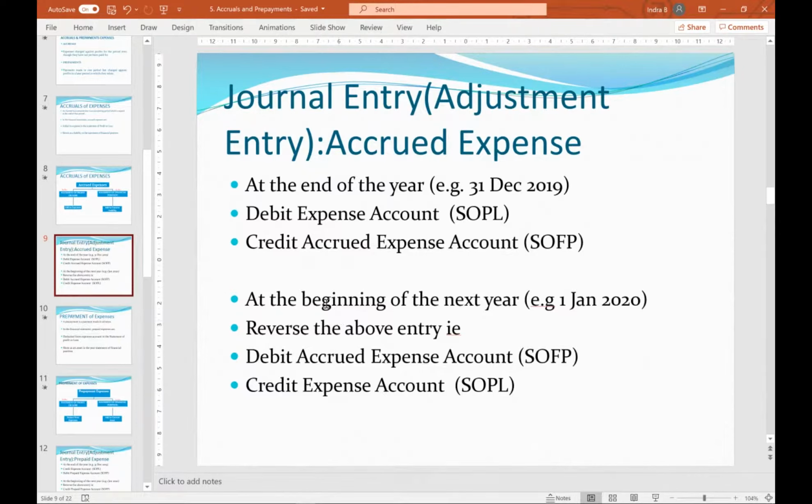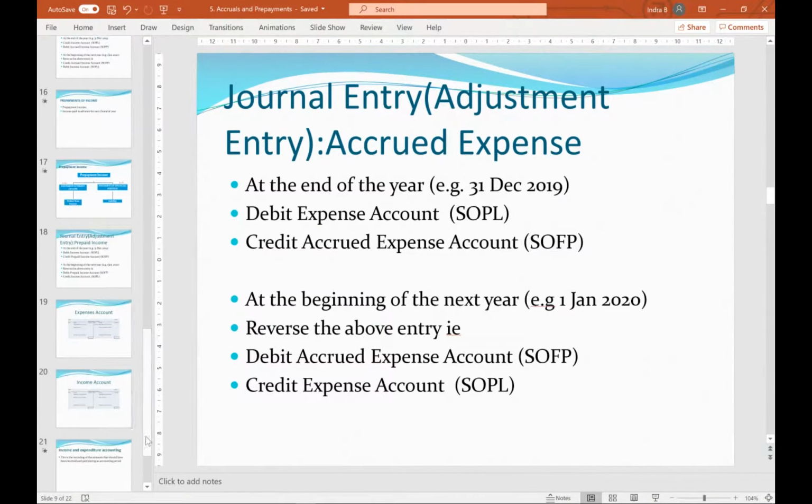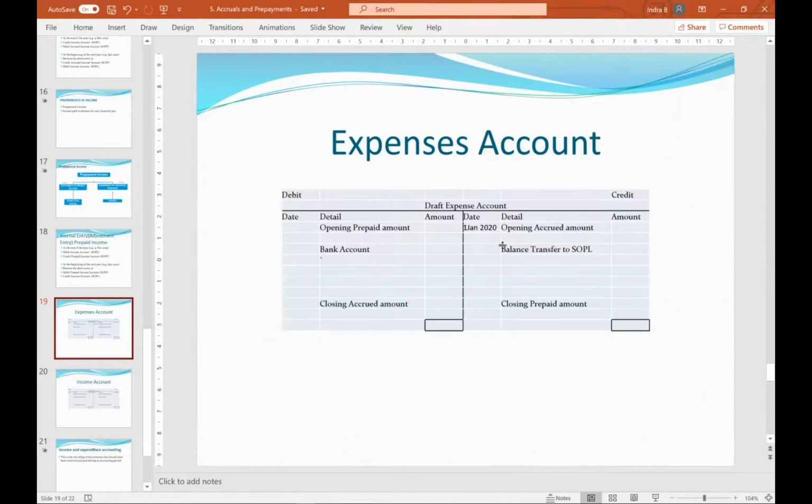So on 1st of January, it was credited. Now in this draft account, this is what is shown. Sometimes in the question, you'll be given this amount as it is, so you have to find out where it will appear in the expense account. Remember, it will appear on the credit side.